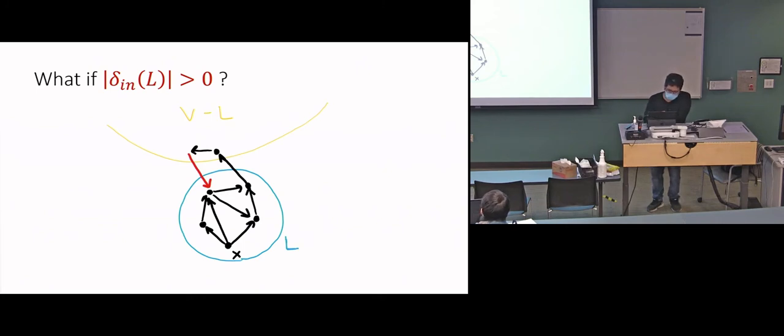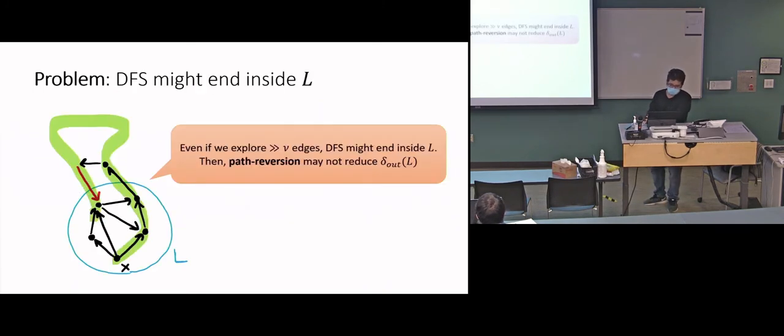What if there is an edge coming to L, like this edge? Then the algorithm wouldn't work anymore. The reason is that even if you have explored a lot of edges, more than nu, it might be the case that you will end up inside L. Like you go out and out and out and you come in.